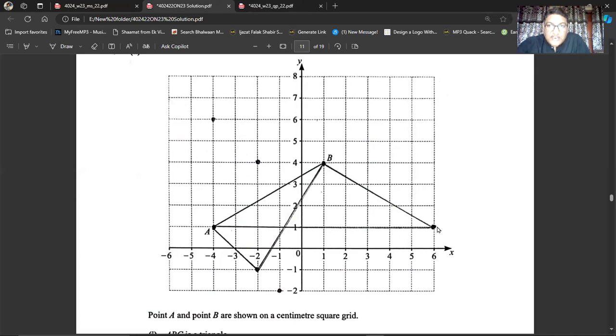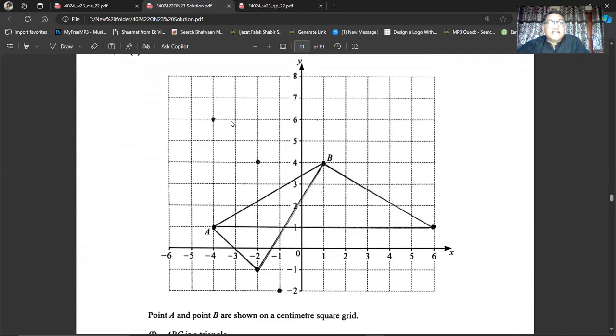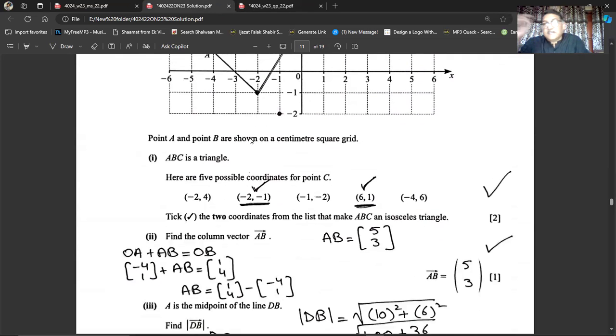So the 2 possible values are minus 2 comma minus 1, and the other value is 6 comma 1. So we will put tick on them. If you try this as C, or this as C, or this as C, it's a hit and trial method. You will find that the two sides of the triangle formed will not be equal to each other. So it's a little tricky hit and trial kind of method.